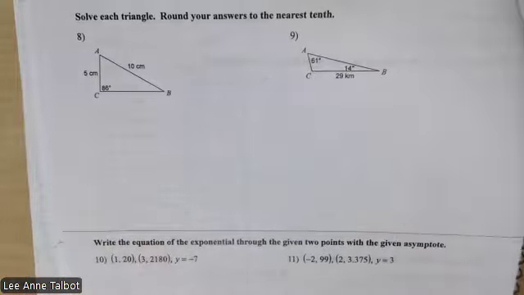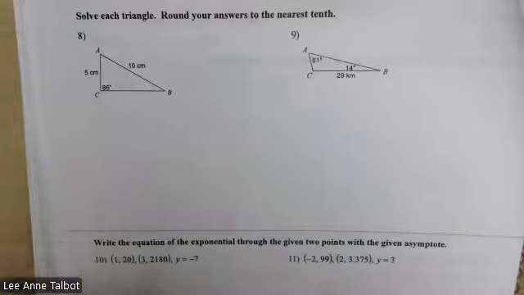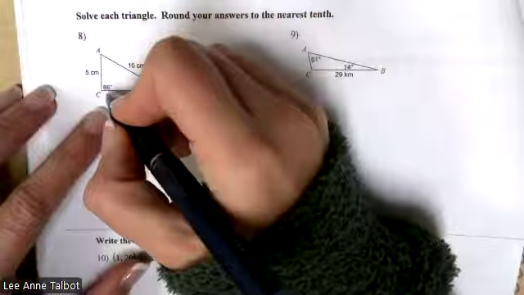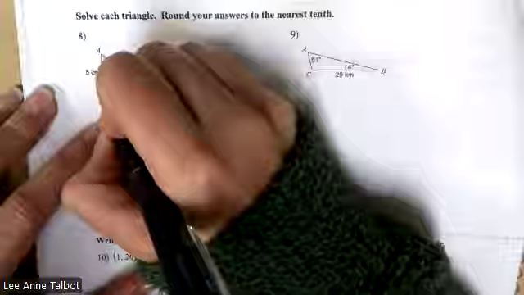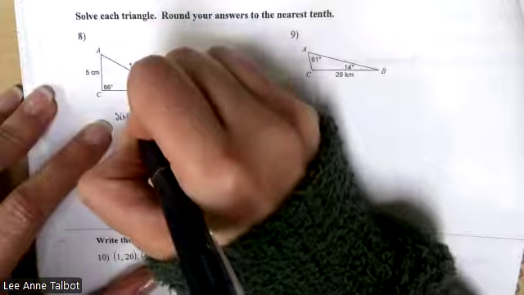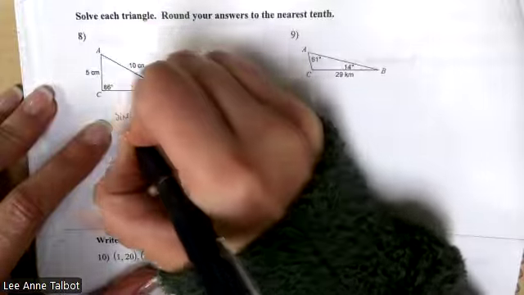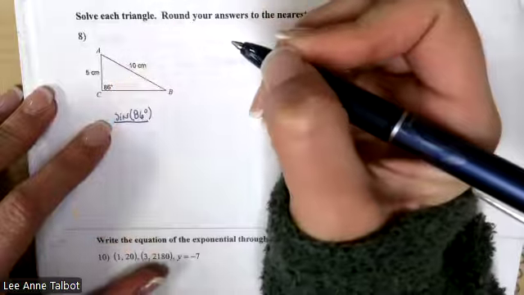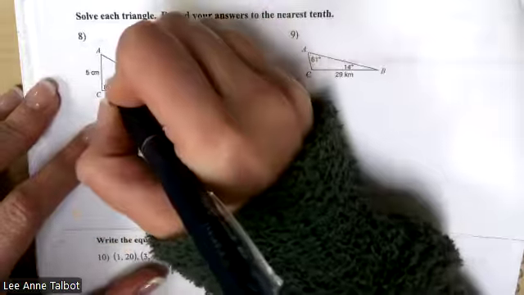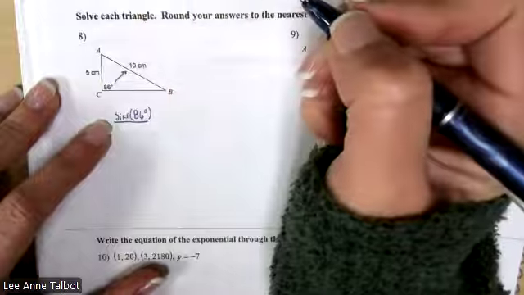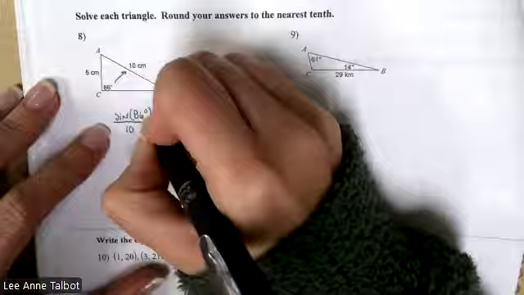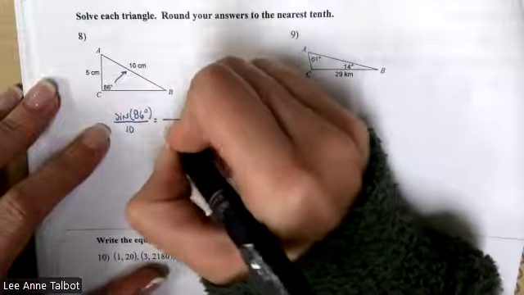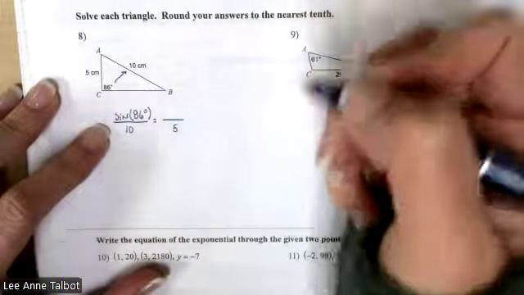I'm going to help you get this one set up. This first one. Okay. Do you guys see the 86? So start with that. Go sine of 86 over what's across from the 86? 10, right? Okay. Now the other side we have is 5.